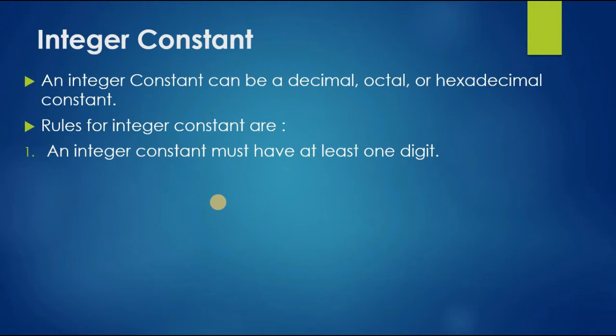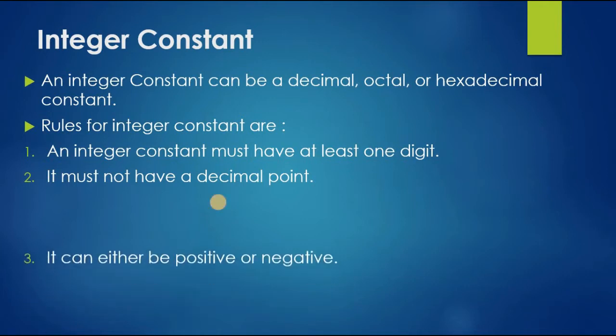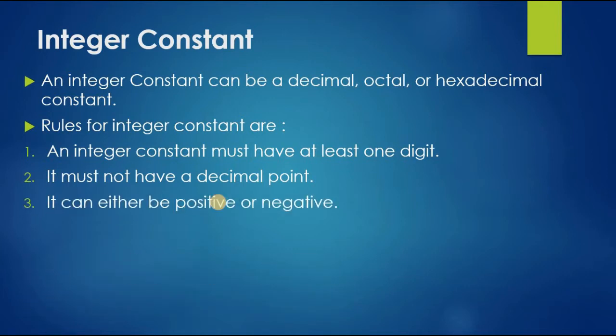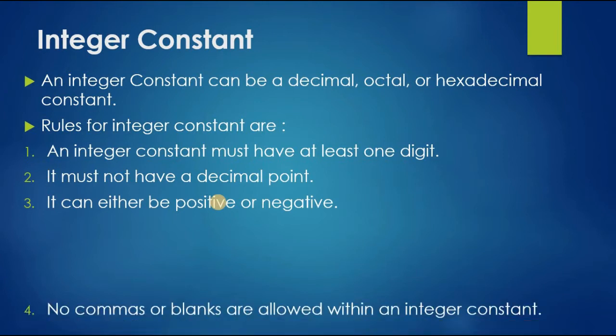An integer constant must have at least 1 digit. It must not have a decimal point. Means a point value does not come under the integer constant. It can be either positive or negative. We can declare the integer constant as positive integers, also negative integers.